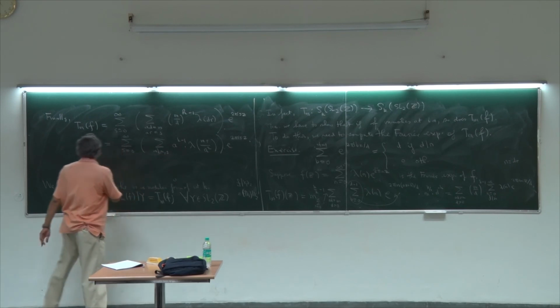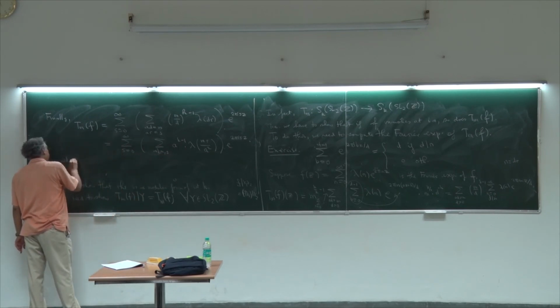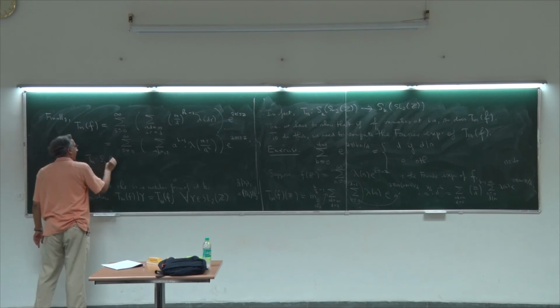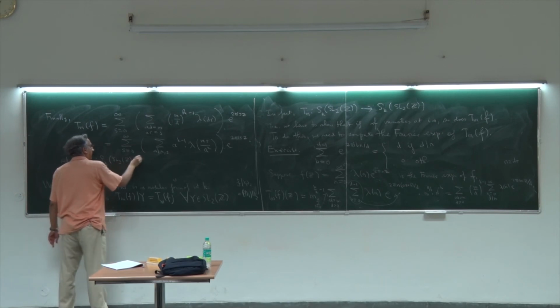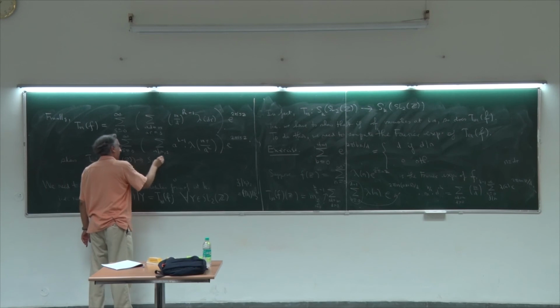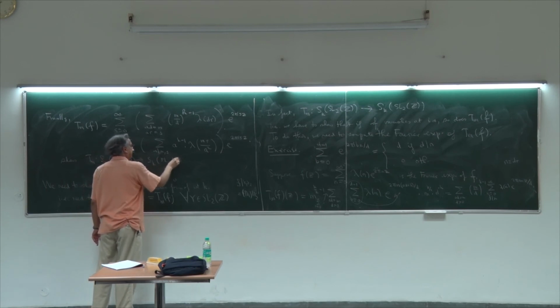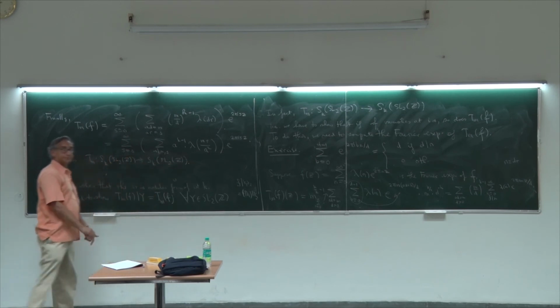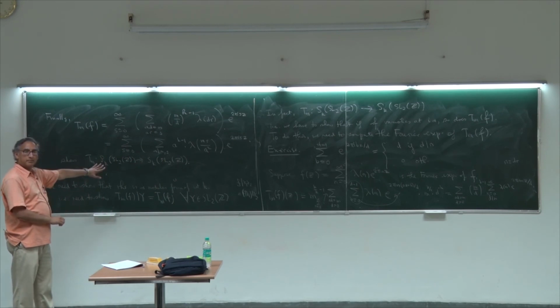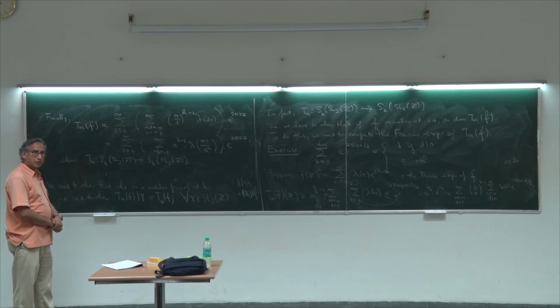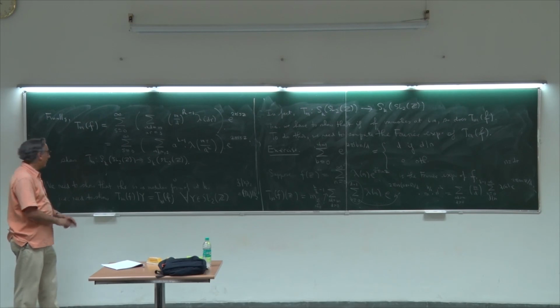Okay, so this shows T_m actually maps cusp forms of level 1, I'll keep using SL2Z, that's the way I've been doing it, into cusp forms of weight k. Okay. Everybody follow this? Question? Okay.